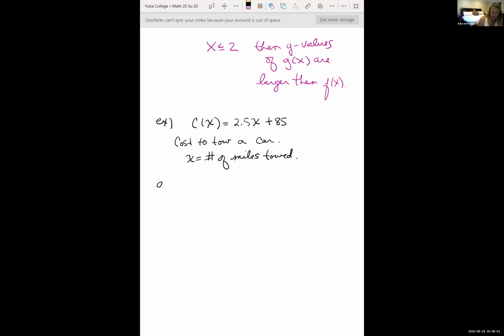Okay, so part A, you should be able to answer questions about it. What is the cost of towing a car 40 miles? Well, they basically gave us what x is, right? And so we can figure out what y is, knowing what x is. So we're given x is 40. Wherever we see an x in our equation, we're going to replace it with 40.